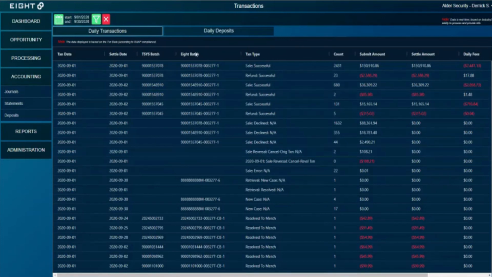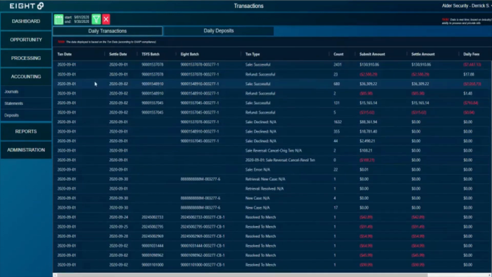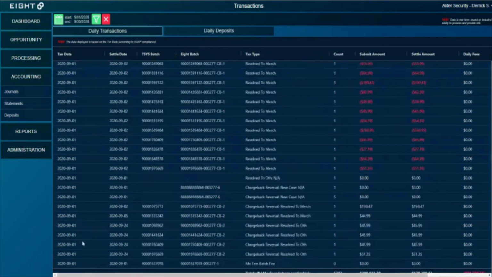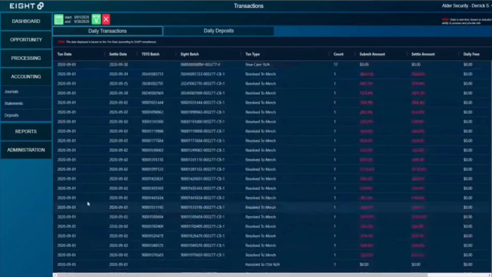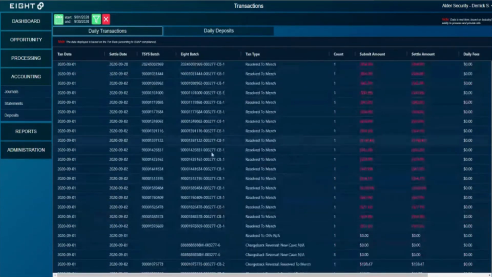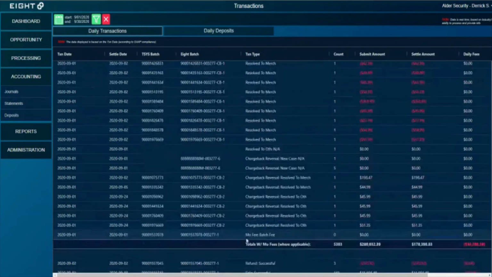So this is extremely revolutionary and different, to look at a transaction and everything that happened. You'll notice for this particular company, just on the first, they have so many things happening, it's not funny. First of all, every chargeback on here has its own batch.